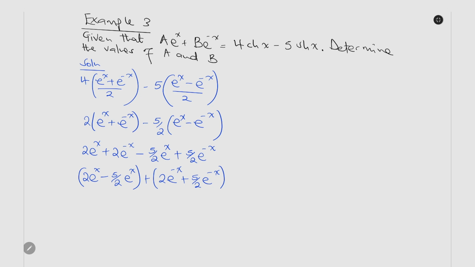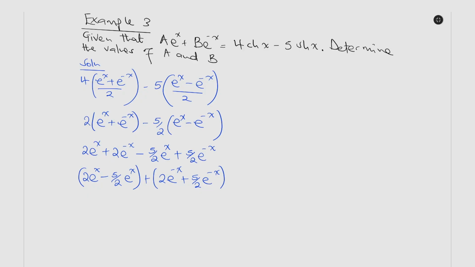Yeah, I've opened my bracket nicely. So from your calculator, 2 minus 5 over 2, remember 5 over 2 is the same as 2.5.